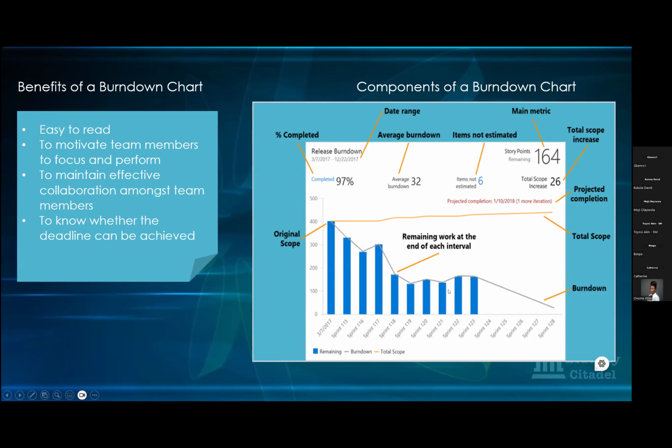It's showing here that 6 of the work items are not itemized with story points. So as a Scrum Master, you can go on the board to check those 6 stories, know who is working on them, and reach out to them to say, okay, use story points. It could be stories that were brought in during the sprint. So you want the people working on them to have a look at them and story point them.